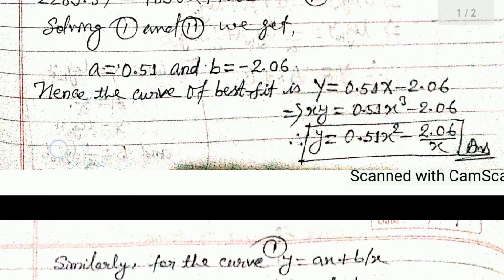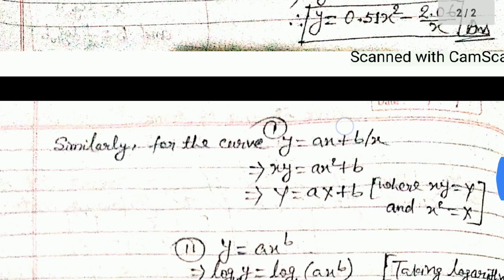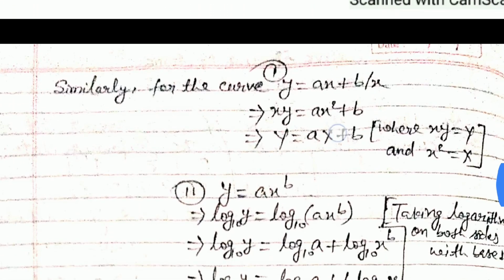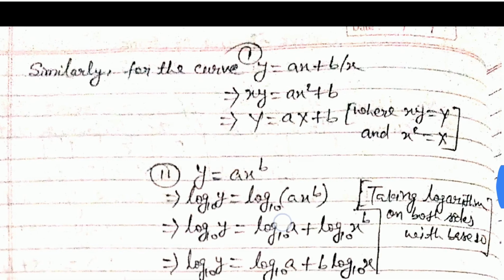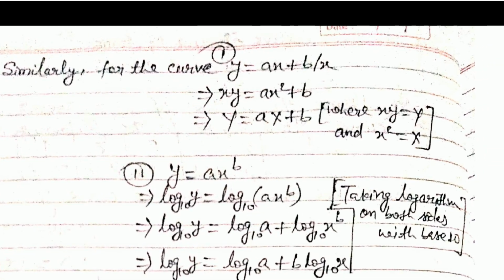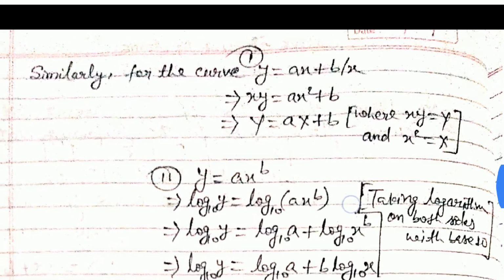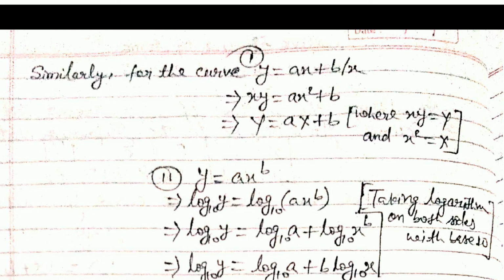For this question, you have seen how we can fit a curve other than a straight line and parabola for a particular distribution. Similarly, you may be asked to find the equation for a given distribution in this format.